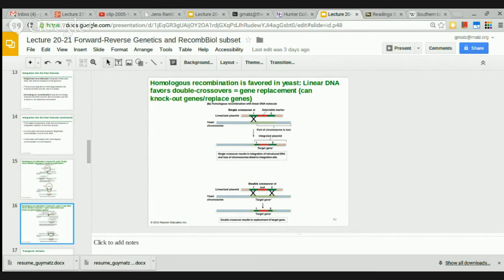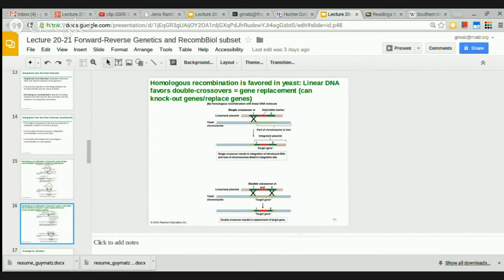But if this happens, you end up with your yeast chromosome crossing over, and you basically have a bunch of chromosome lost, okay, because you only have a centromere on one part of the chromosome. So you're going to end up getting a huge deletion, and huge deletions like that have too many genes, and the yeast is just going to die.